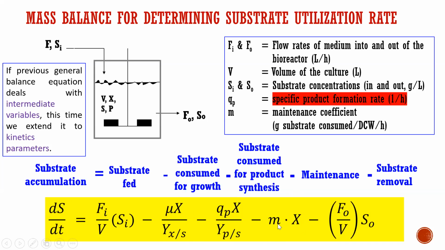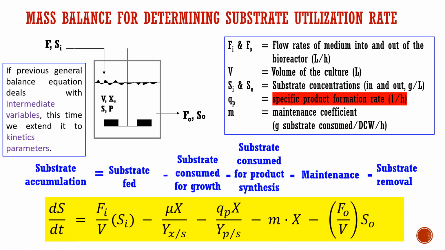So what do you think the unit will be? m should contain per hour, or per time. It should also contain per gram, because you need to remove the per gram for this X. So the unit for this should be gram substrate over gram cell per hour. That should be the unit for m.